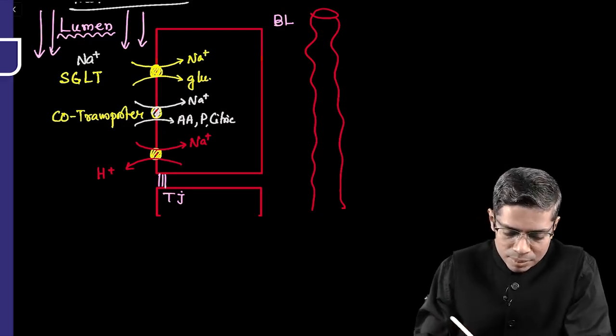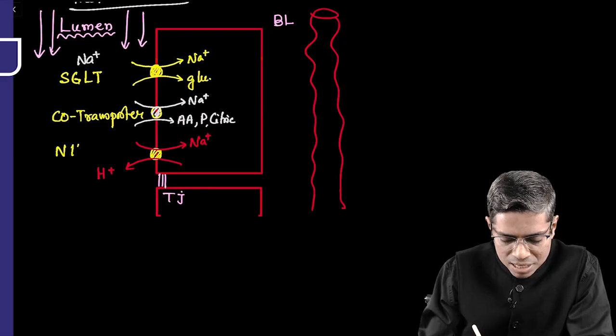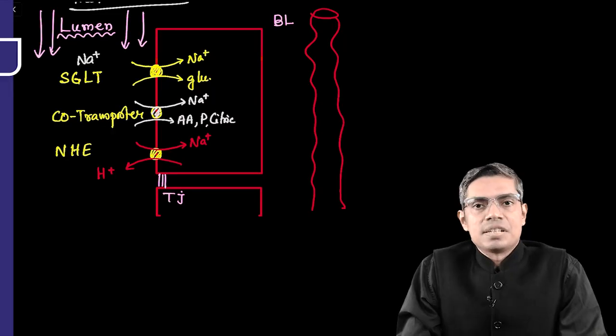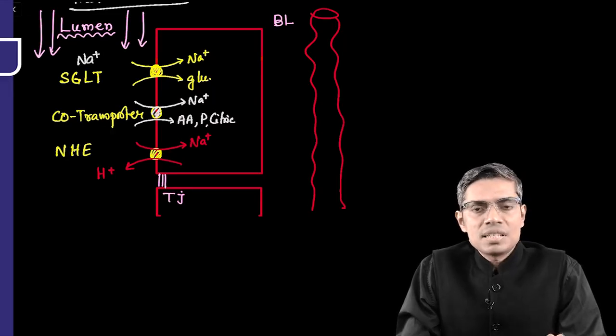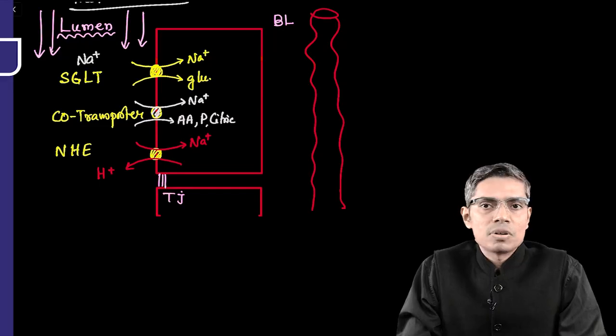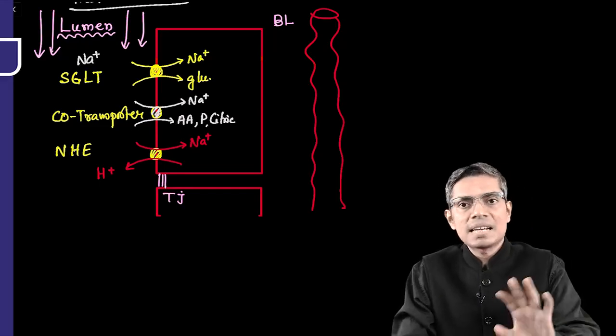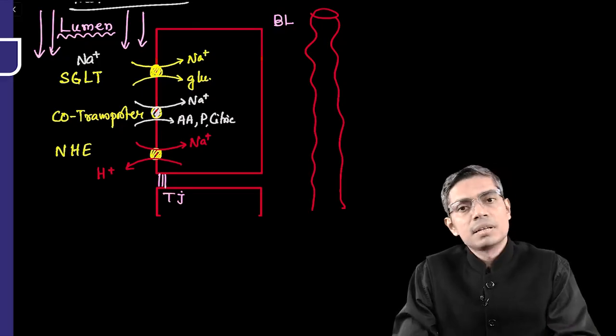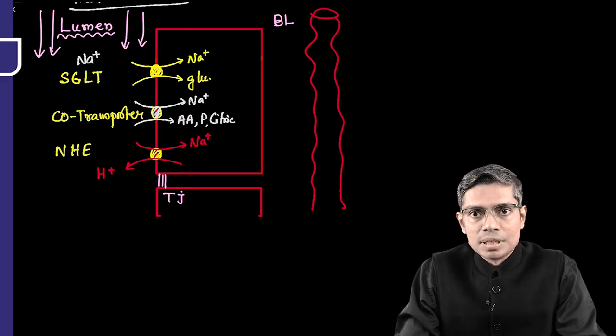That's why the name of this transporter is NHE, sodium hydrogen exchanger. So the sodium hydrogen exchanger is secreting acid at the level of proximal convoluted tubules, but that acid is not going to acidify your urine. This concept you will understand in the next chapter, acidification of the urine.